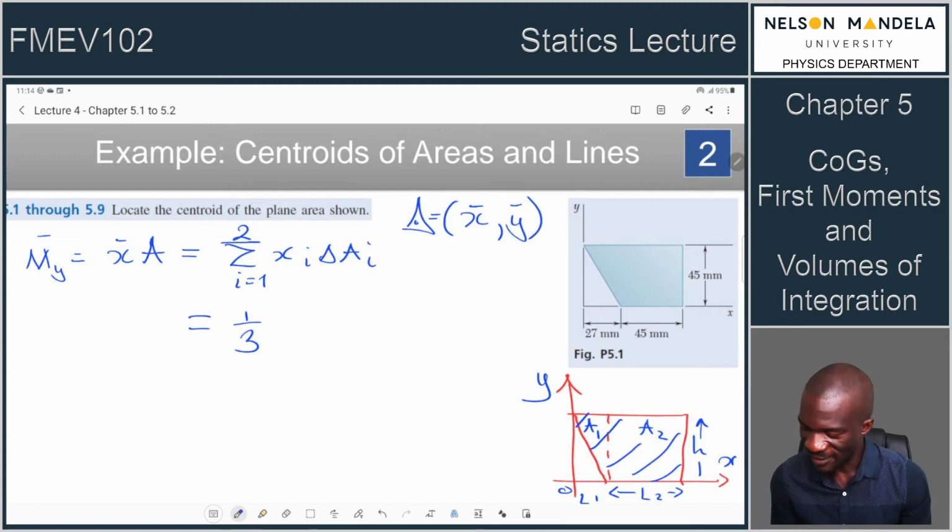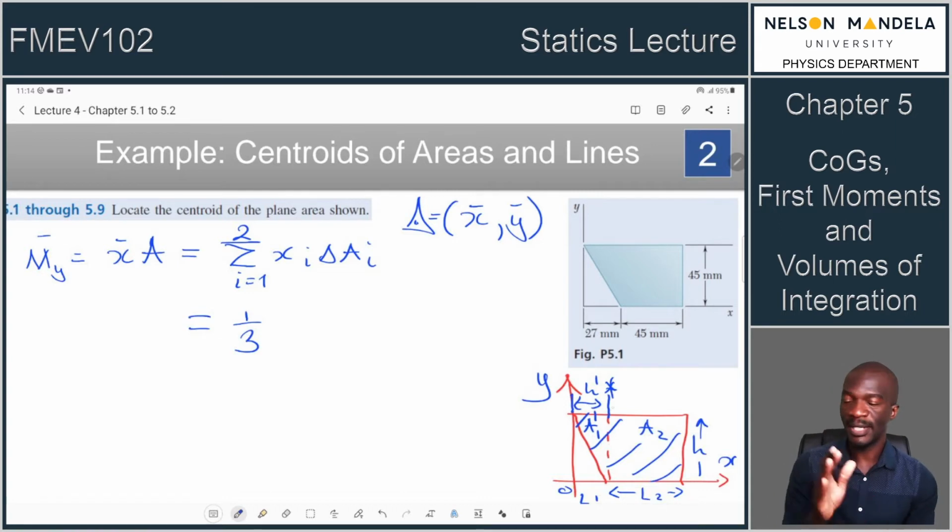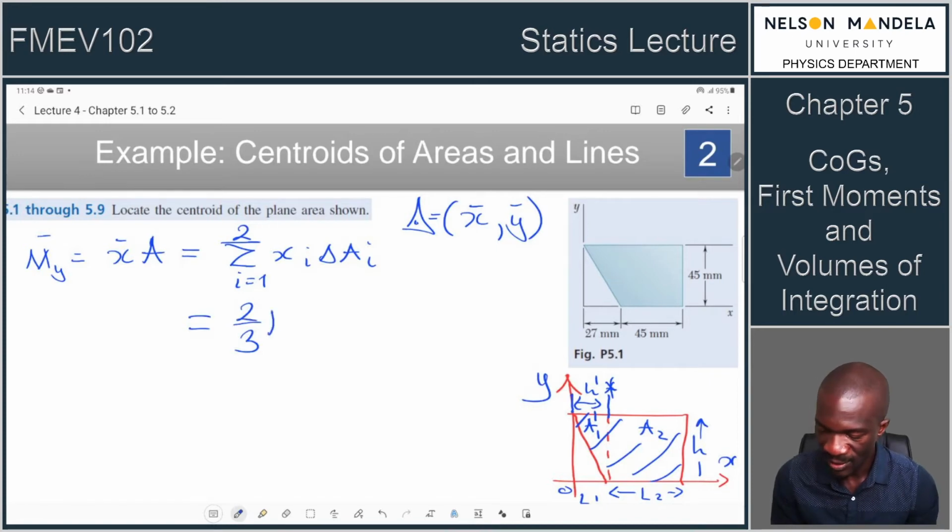If it is 1/3 of the height, it is 1/3 from this particular line that divides areas L1 and L2. This means from the reference point O, our centroid is located at 2/3 of the height. So I'll call that L1.